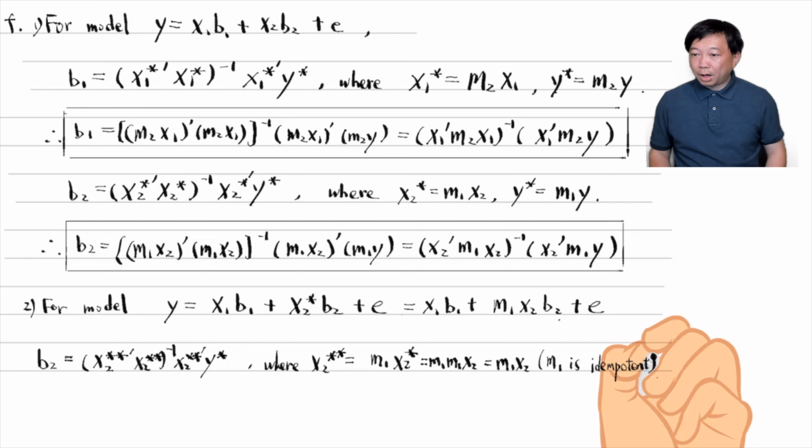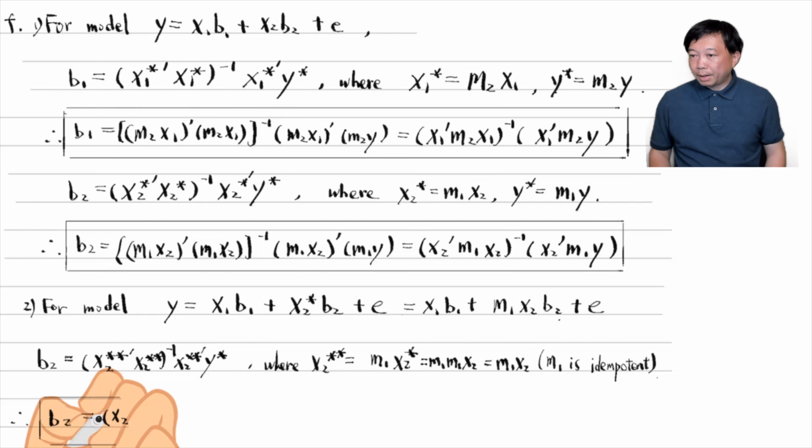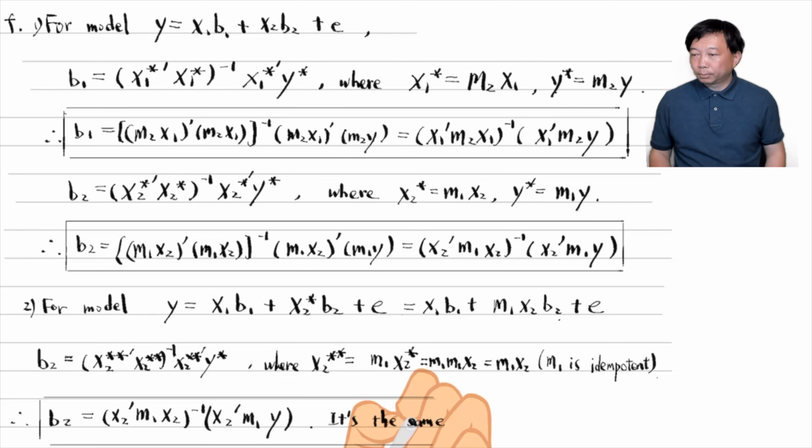Since x2 star is the residual in the regression of x2 on x1, we can simplify it into m1 times x2. We use the properties of residual makers m1, symmetric and idempotent. So B2 is the same as in the first model.